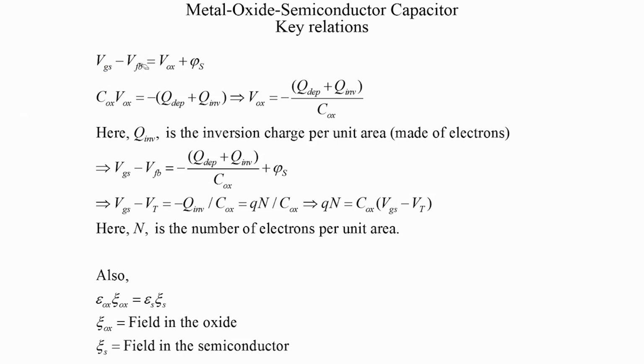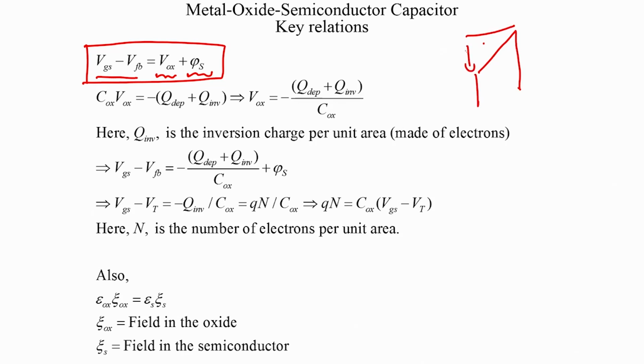So, the first key relation is that VG minus VFB has to be split between the oxide and the semiconductor, and in the semiconductor it will appear as the surface potential. Let us say that is the drop across the oxide; the remainder will be seen as the built-in or surface potential in the semiconductor. So, Vox plus phi s is equal to VG minus VFB.